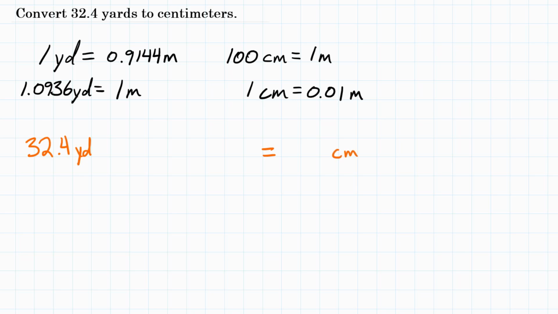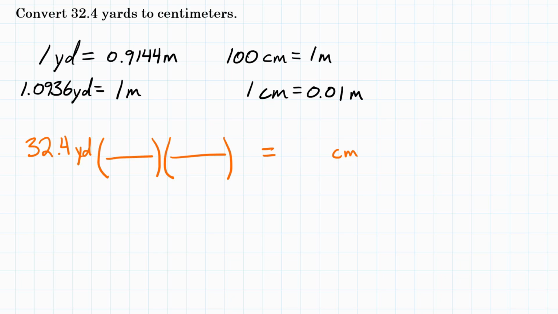In this specific problem, we're actually going to do two steps, two conversions. We're going to do two parentheses with fraction bars, two conversion factors. We're going to go from yards to meters, and then from meters to centimeters.